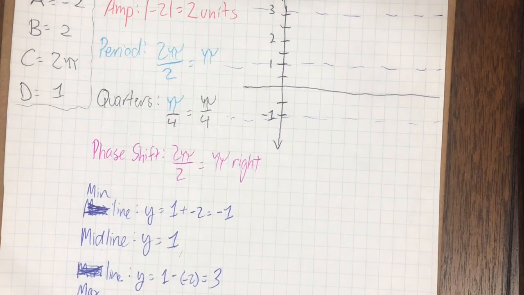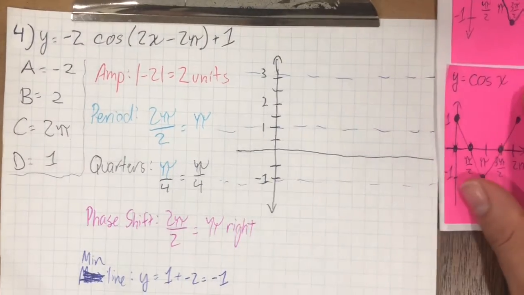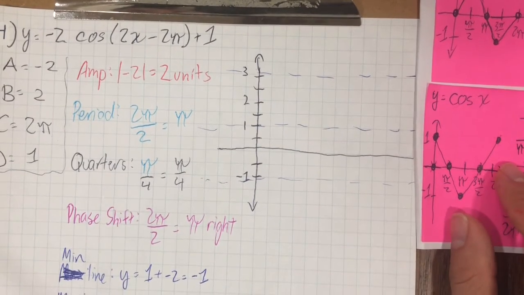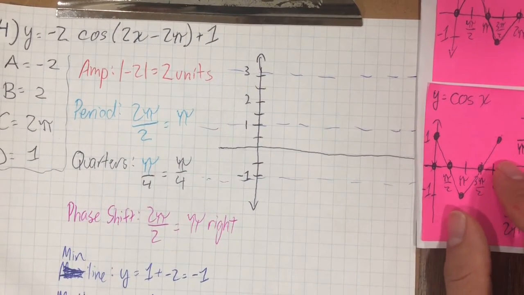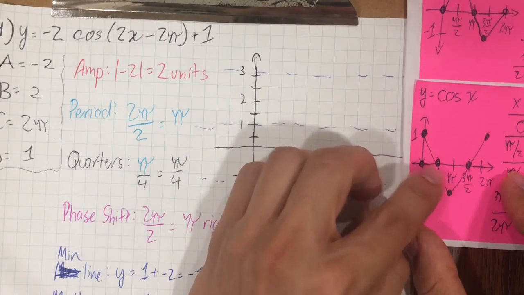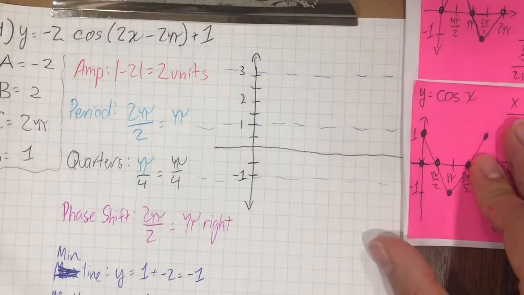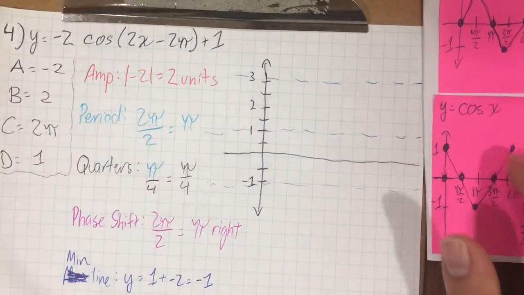Okay, so let's go ahead and use the pattern for cosine to get my graph. Now, originally the pattern would be max, mid, min, mid, max. However, since we have the negative in the front, it's going to affect it.